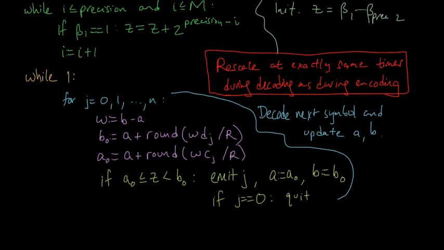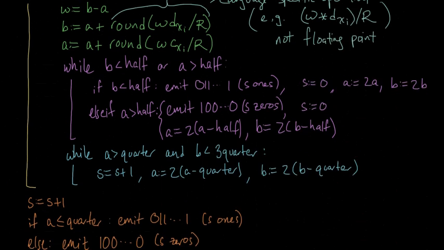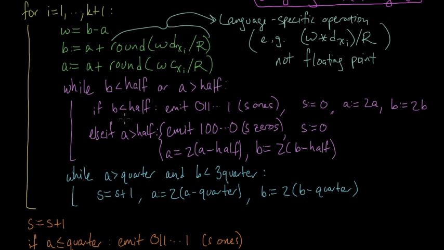So here's one way to do that. Remember, let's go back to our encoder here. In the encoder, we were going through this for loop, and we computed the new A and B for the next symbol, and then we did these rescaling operations. So we're going to mimic this process during decoding.